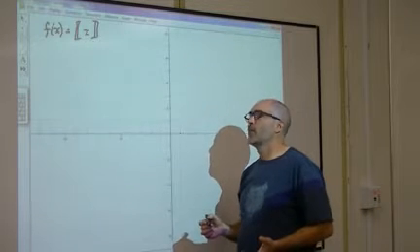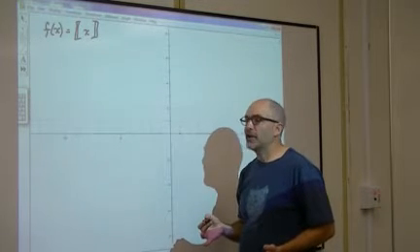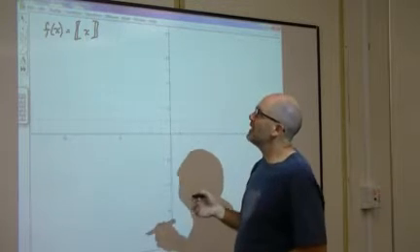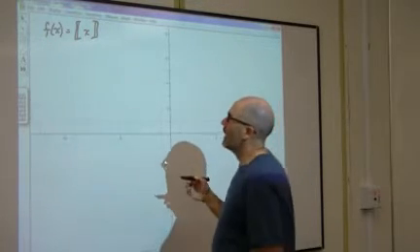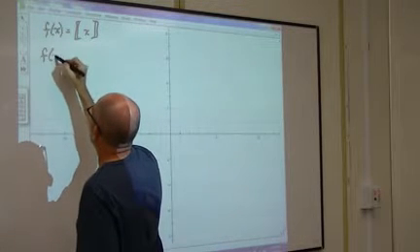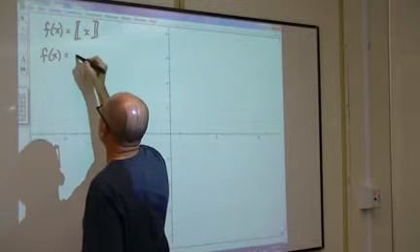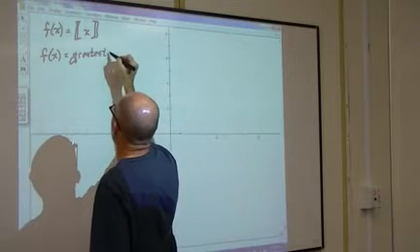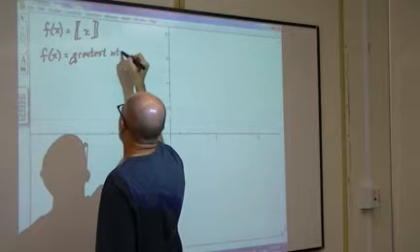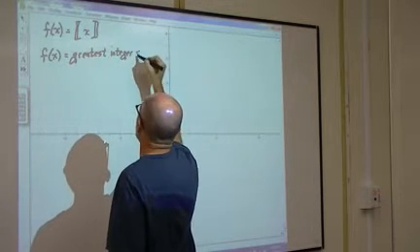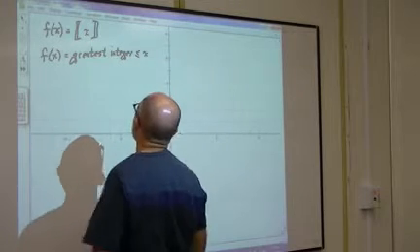Once again, most people who don't remember it from math analysis aren't in the class anymore. So what this means is f equals the greatest integer that's less than or equal to x.